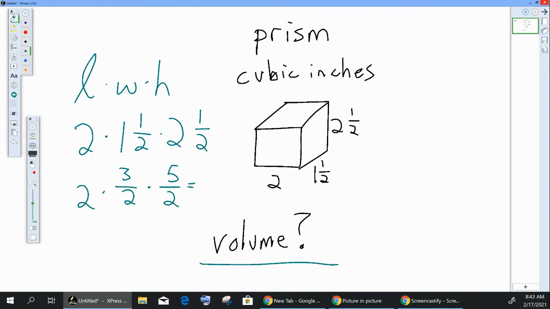And then 2, you just make as 2 over 1 because that gives you a numerator and denominator. And then 2 times 3 times 5 is 30. And then 1 times 2 times 2 is 4.